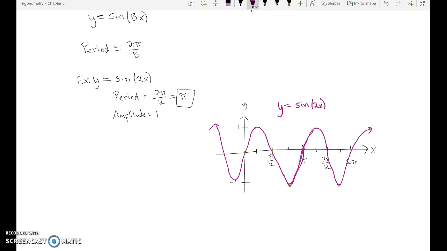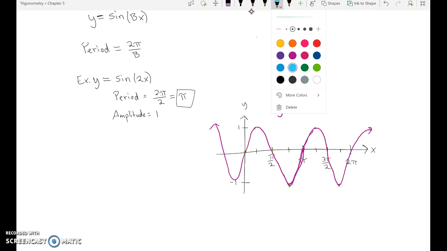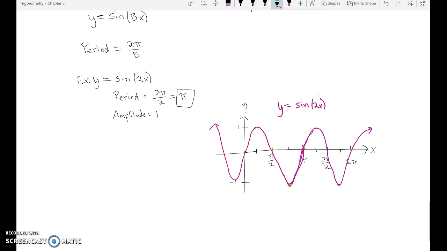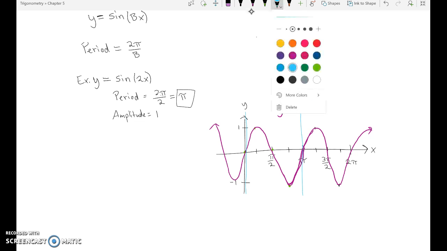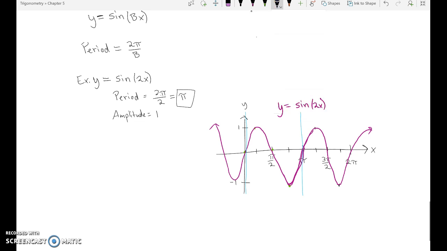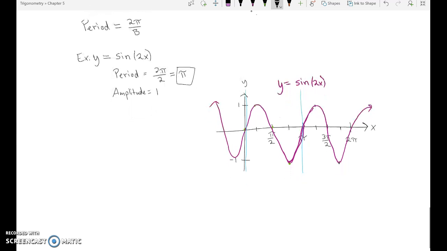So anytime your period changes, you take your sine or your cosine wave, and you scrunch it down or stretch it out until it becomes just one repetition inside of that interval.